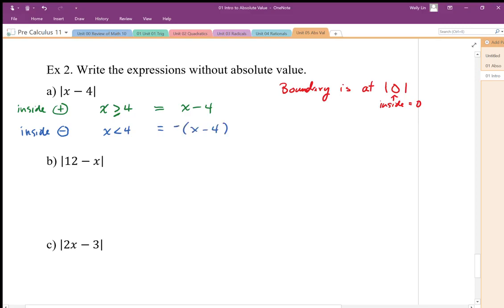So it's going to be a negative. The negative changes it to the opposite. Therefore, it changes to positive.